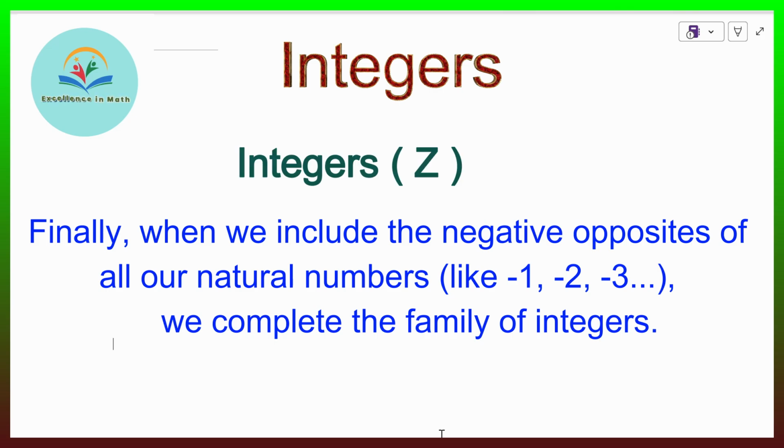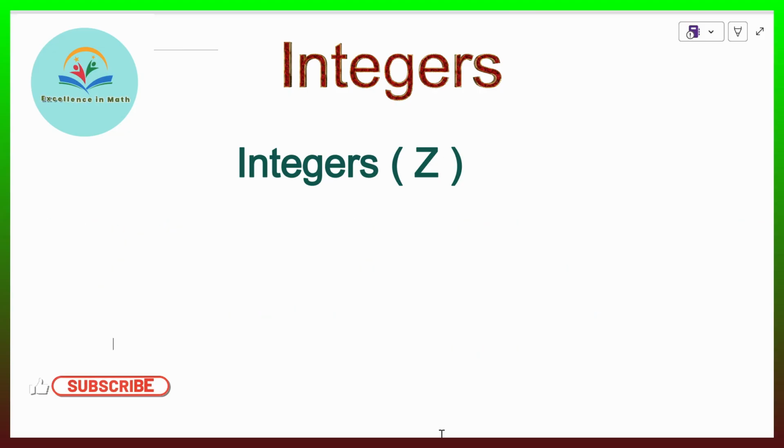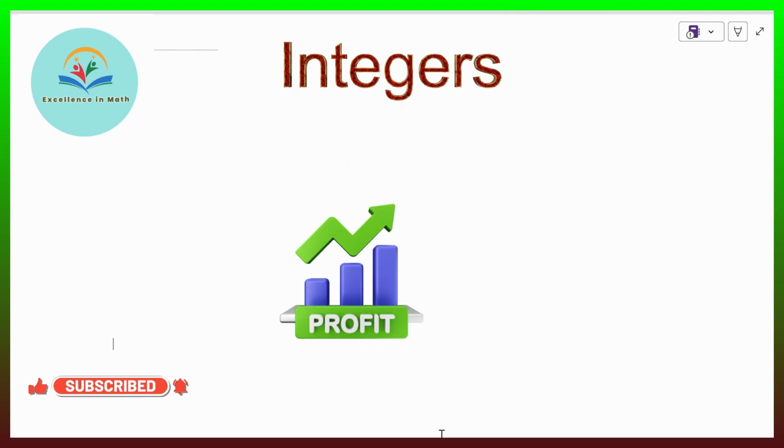Now, why do we need this evolution? As we discussed in our real-world scenarios, while natural and whole numbers are great for counting apples or people, they can't describe everything, isn't it? We need integers to differentiate opposites such as profit and loss.